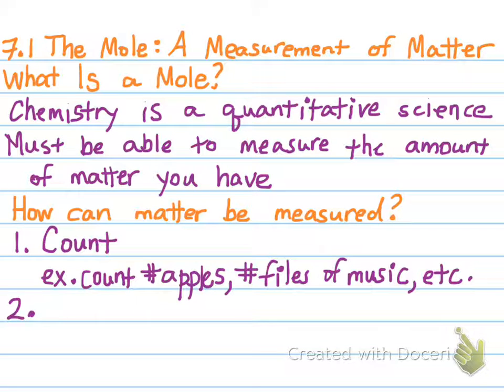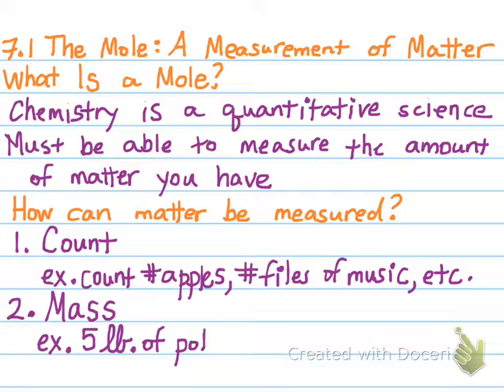A second way that we measure matter, this one you should be able to think about when you go to the grocery store, is by mass. Some examples of measuring everyday matter by mass is when you buy 5 pounds of potatoes, like you might have for your Thanksgiving dinner.